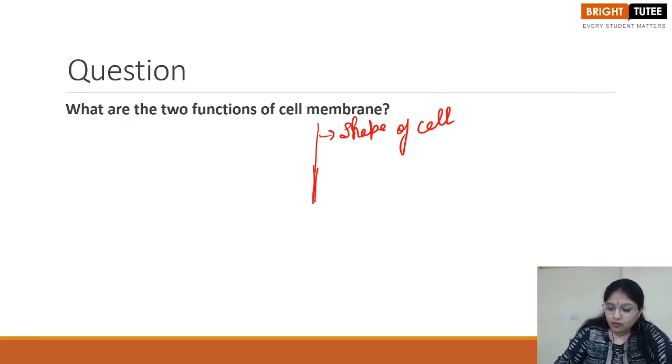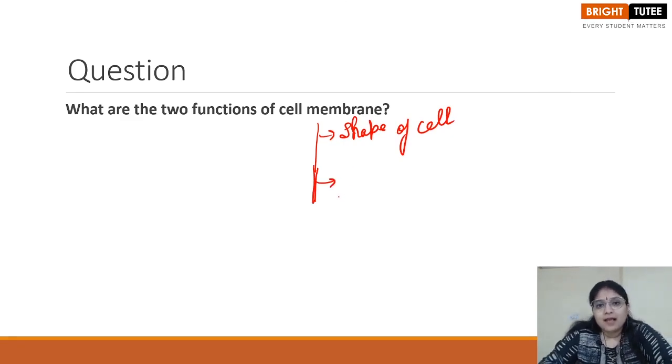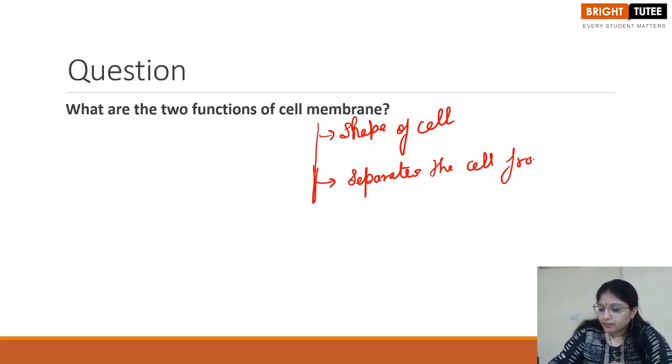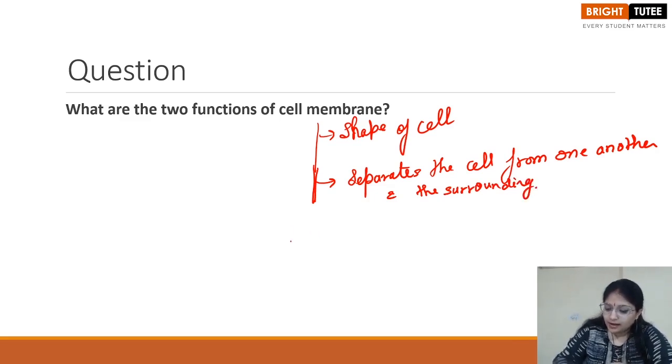Apart from that, it also protects the cell from one another. That means it differentiates the cell from one another and from the outer environment, and separates the cell from the surrounding, right? This helps in maintaining the identity of a single cell, right?